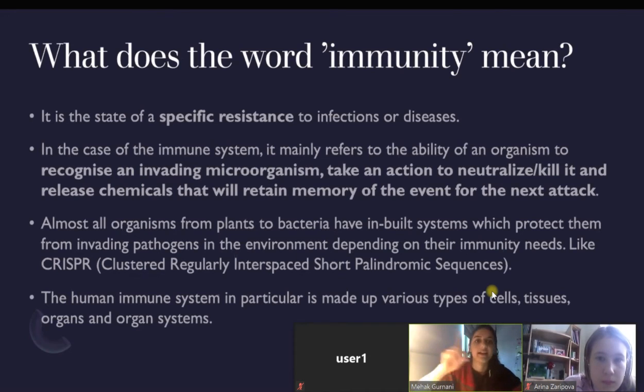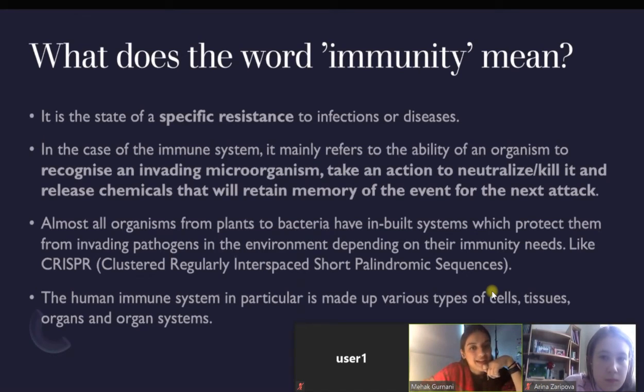Genome is your entire set of genes. That keeps a part of the pathogen's identity in their own genes. So in case they come in contact with it once again, they have a resistance against it. They know exactly what the pathogen is, so they can fight against it in a specific way, which is quite unique and interesting as well.